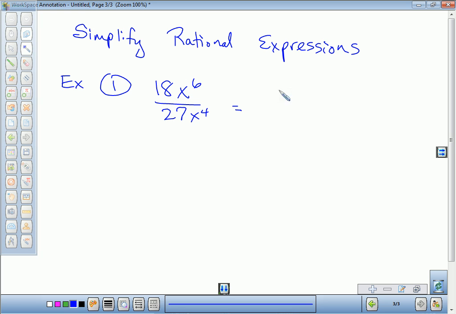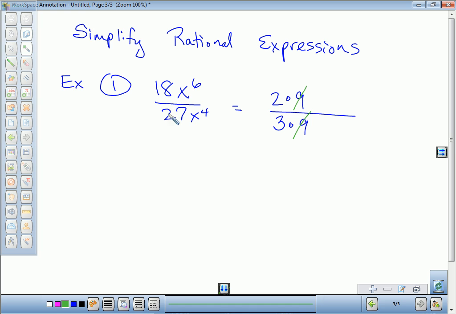So, do you see that we can rewrite 18 as 2 times 9? And then we could rewrite 27 as 3 times 9. So, what do these two have in common? 9. And they cancel.